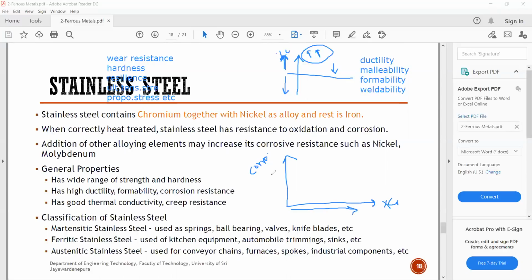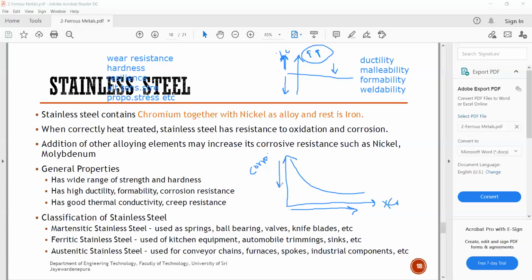What will happen to the corrosion rate? It goes like this. Why? When you increase the percentage of chromium in this stainless steel, the corrosion rate will be decreasing. Decreasing means this material will have the strongest resistance to corrosion.